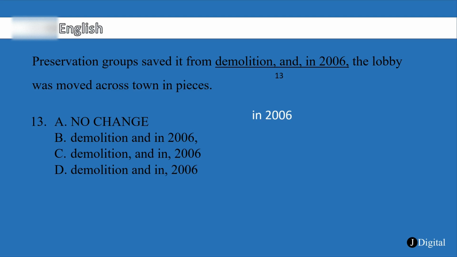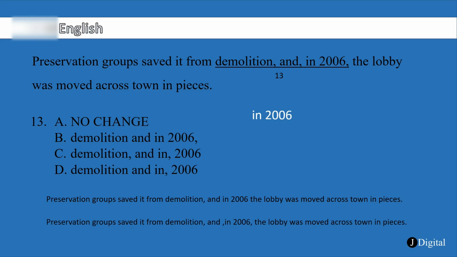If it was essential, we would have preservation groups saved it from demolition, comma, and in 2006 the lobby was moved across town in pieces. Now none of our answer choices match that, so it must be non-essential. So that way preservation groups saved it from demolition, comma, and then you need to surround the in 2006 with commas. So comma, in 2006, comma, the lobby was moved across town in pieces.